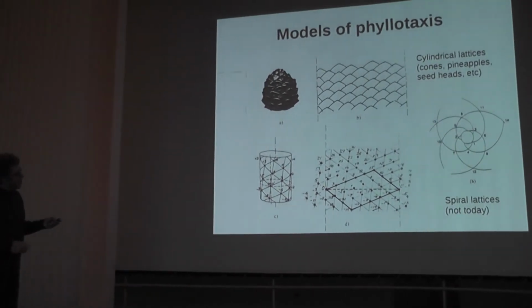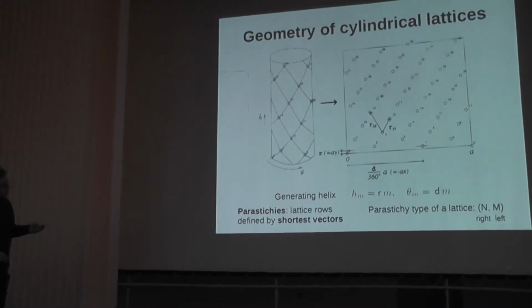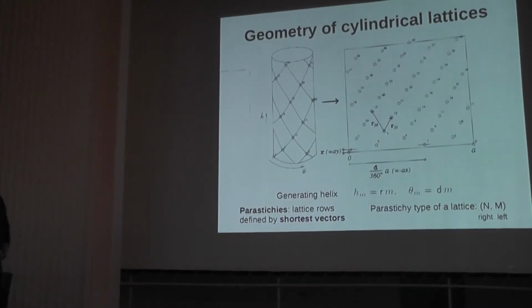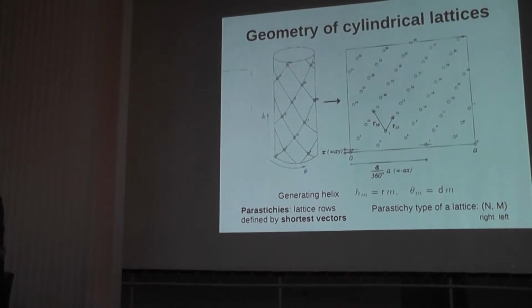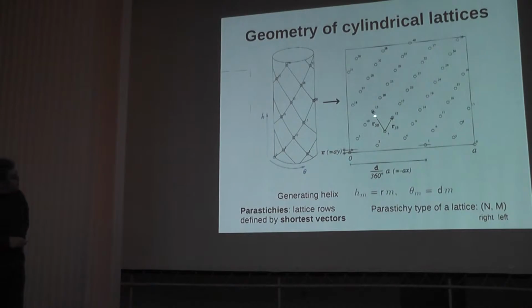Clearly they talked, because this looks a lot like crystallography. So the geometry of lattices on the cylinder turns out to be quite interesting. If you start with a lattice wrapped on a cylinder, unwrap it, and then parameterize it, the convenient way is to order the points according to their height.